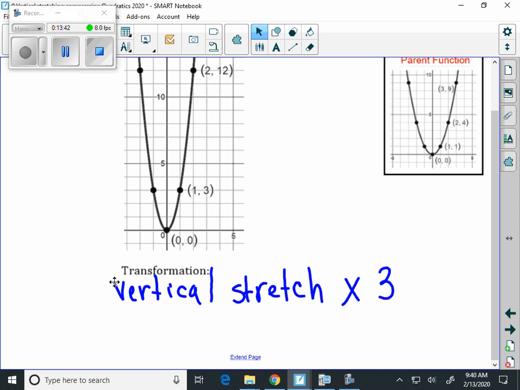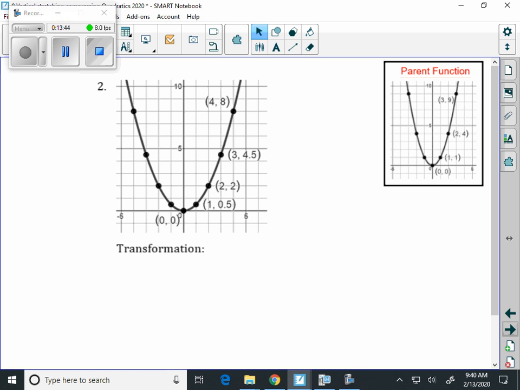If we look at our next example, nice that at least we have the points in on this one, but the rest of them we don't. If we look closely here, the vertex is still (0, 0), but when we go 1 space to the right, instead of going 1 up, we only go half up.